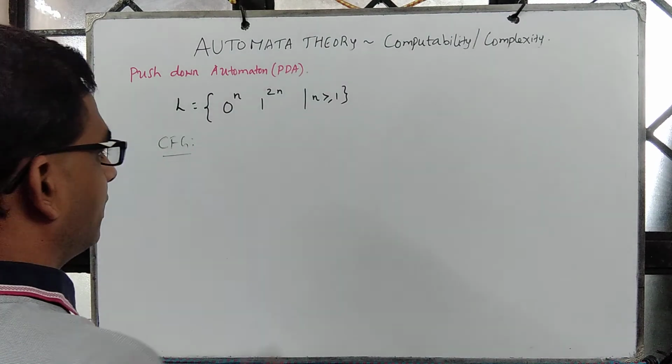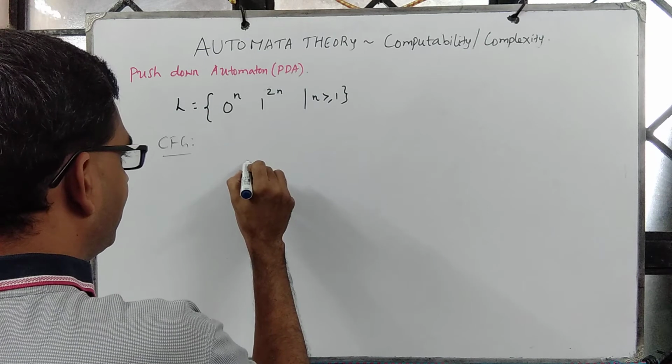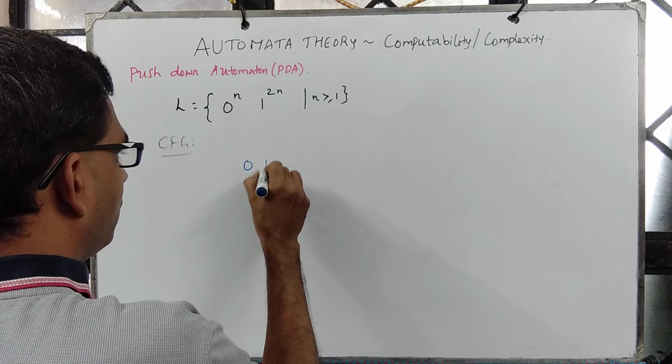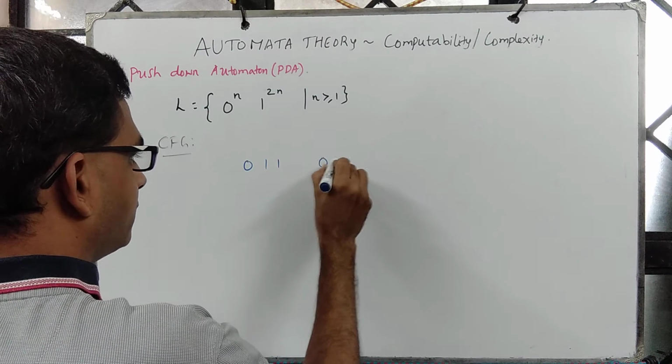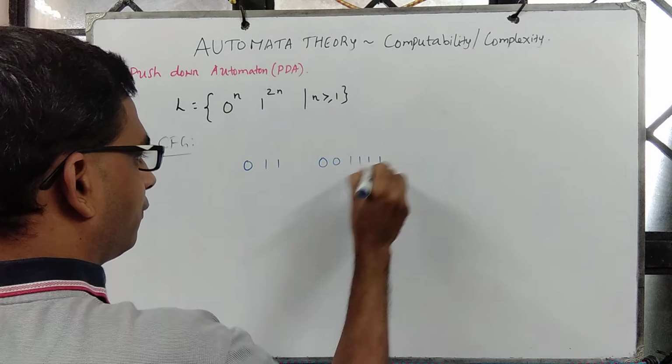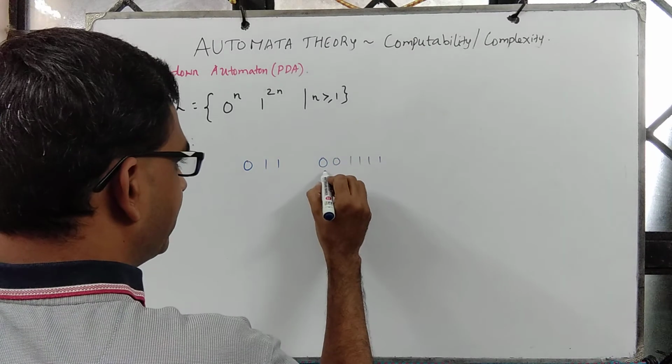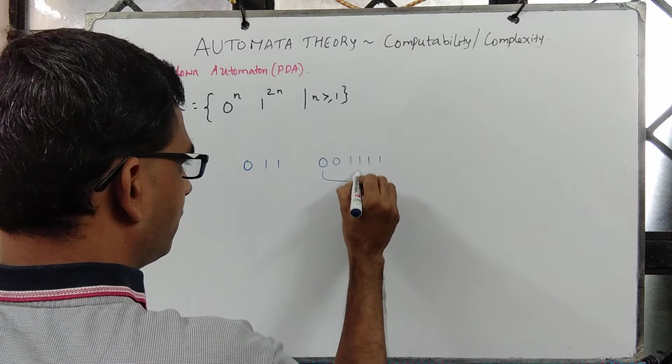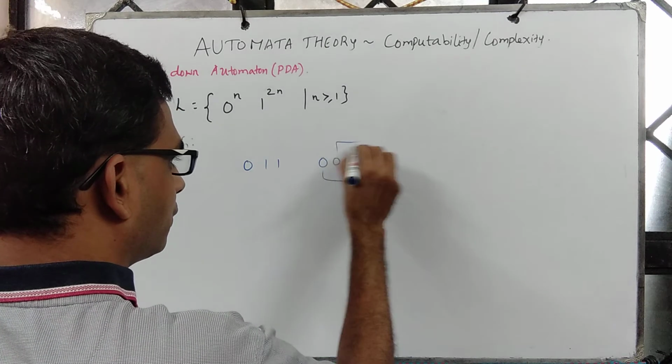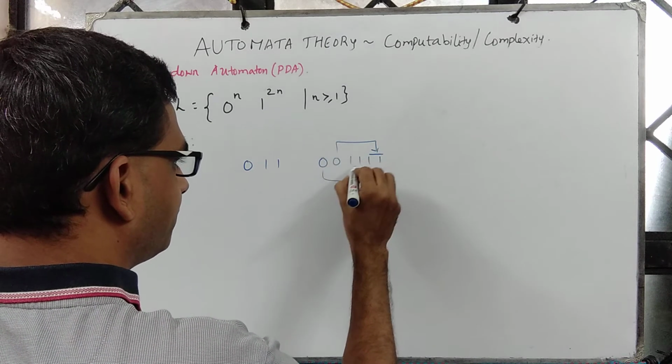Remember, if you look at the pattern 0, 1, 1, 0, 0, 4 ones, each 0 corresponds to 2 ones.